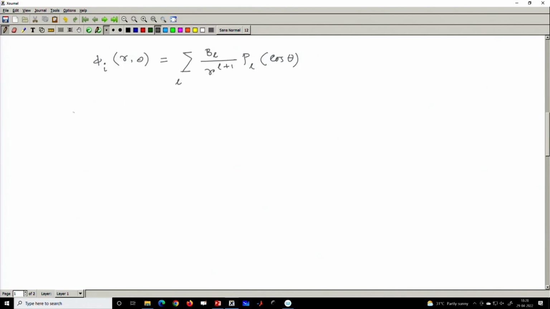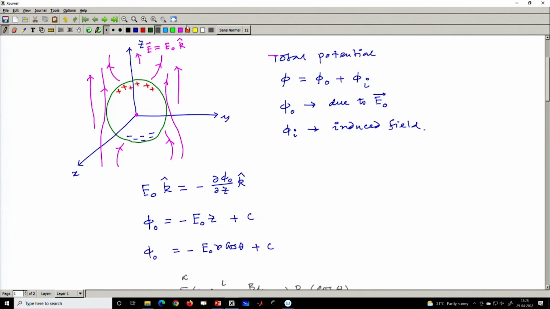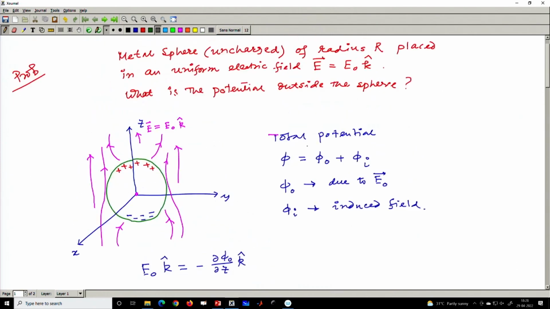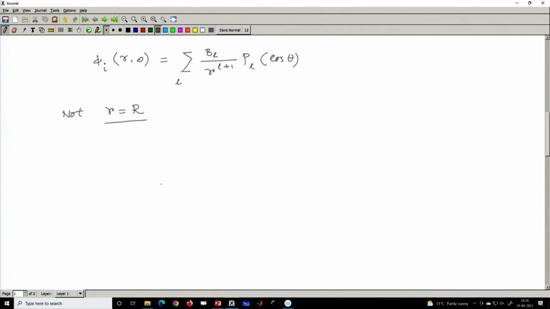Now, at r equal to R, that is over the sphere, because the radius of the sphere is R, as given in the problem. Over the sphere, we know the potential has to be 0.